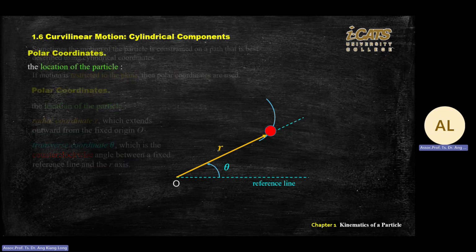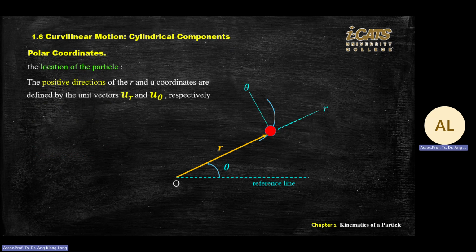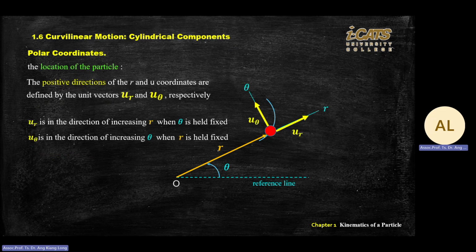Well, I'm going to show you the final equation. As you can see here, when we use cylindrical component or polar coordinate, you see that our direction is the radius direction, UR, and the angle direction. We change to R and theta.